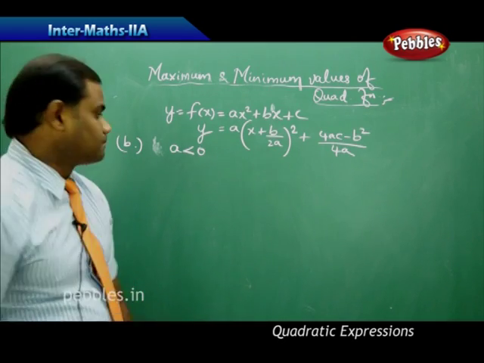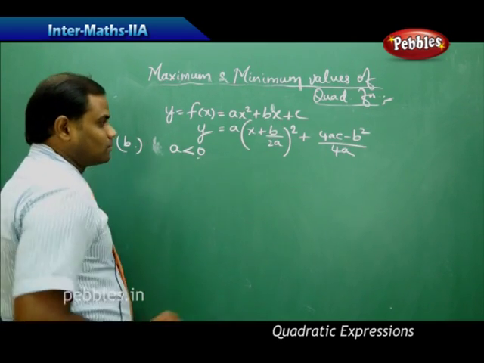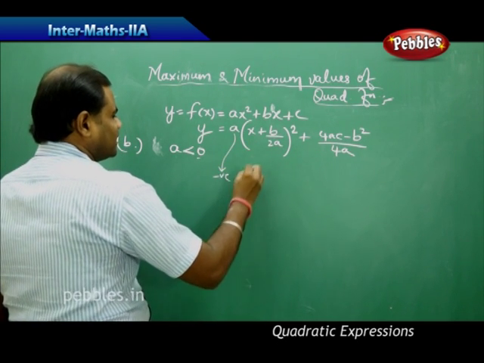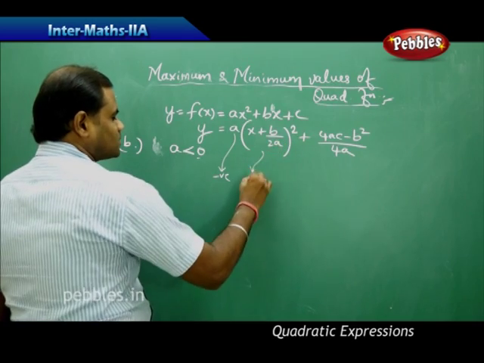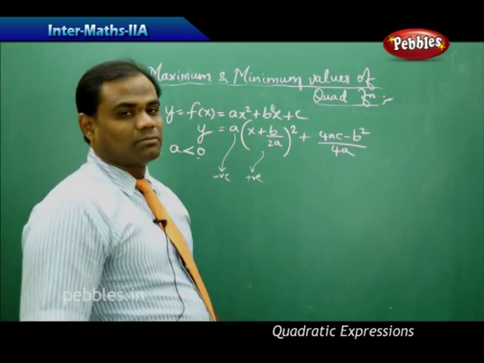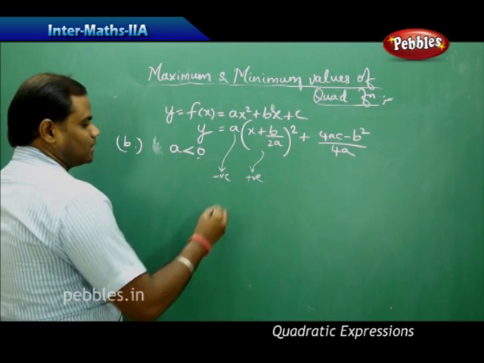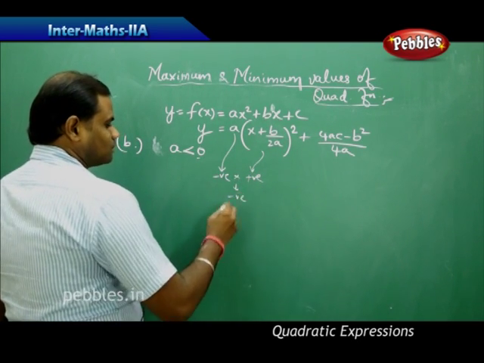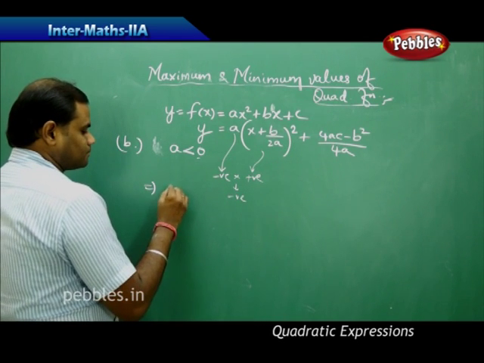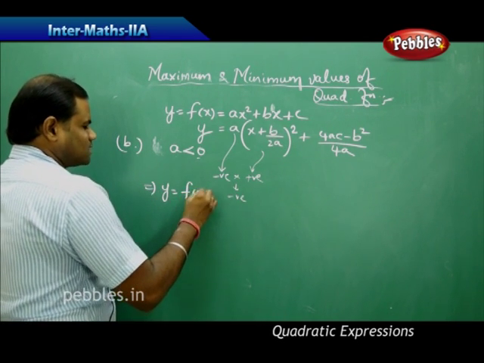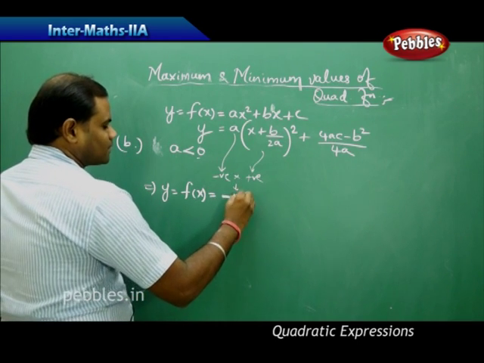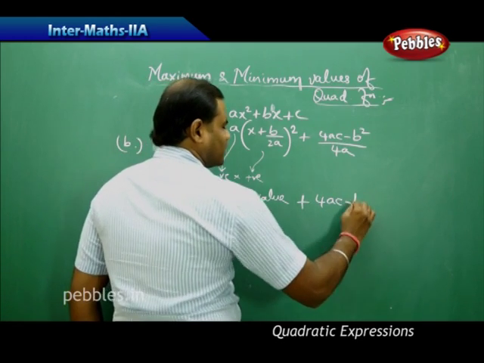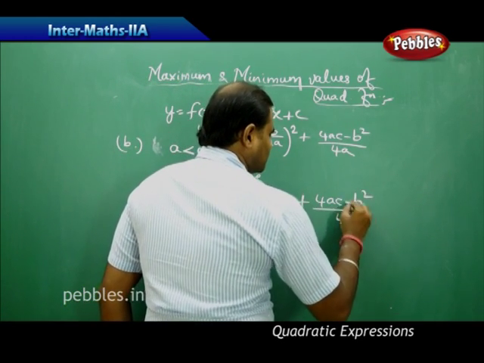Now when I take a less than 0, I clearly see that this function has a less than 0, which is negative, all squares are positive, and then I have some quantity multiplied with this. But negative into positive is again a negative value plus this, that implies my y equals f of x will be a negative value plus the quantity (4ac minus b squared) by 4a.